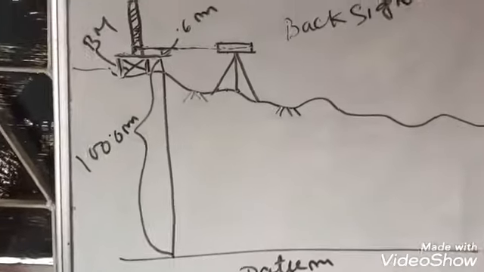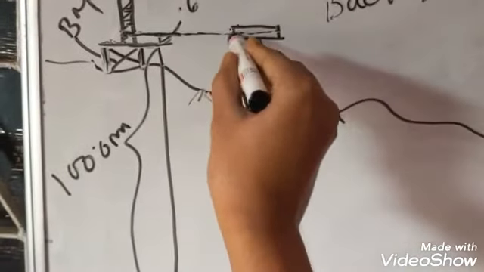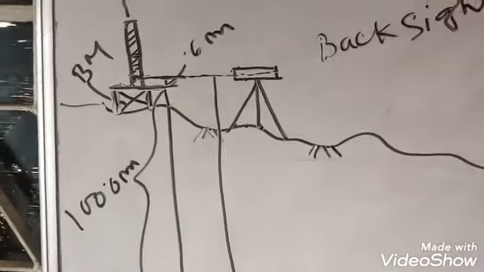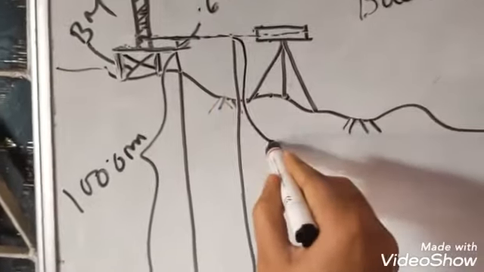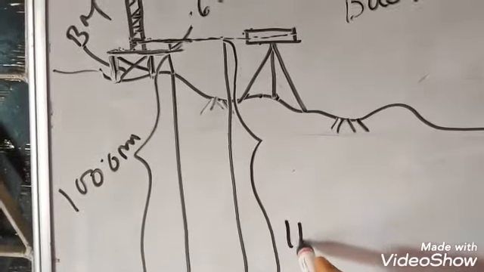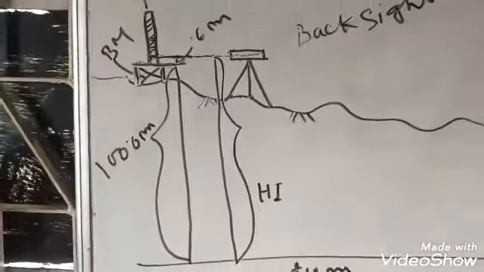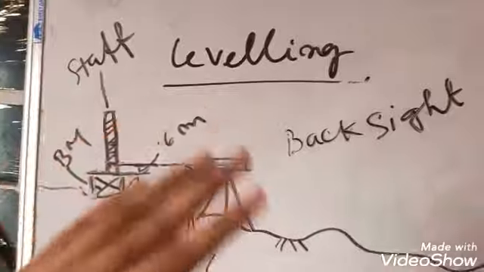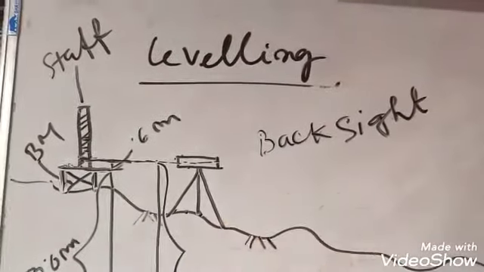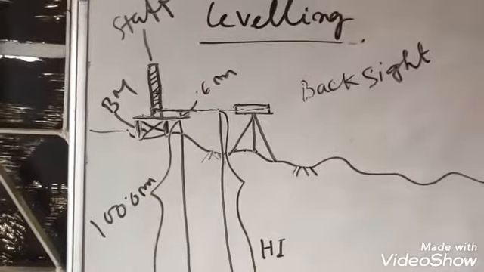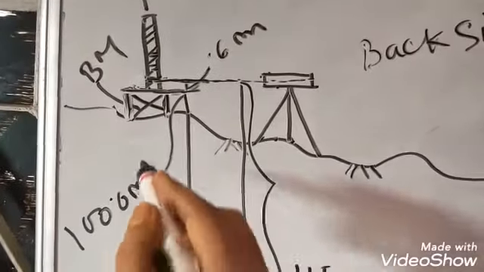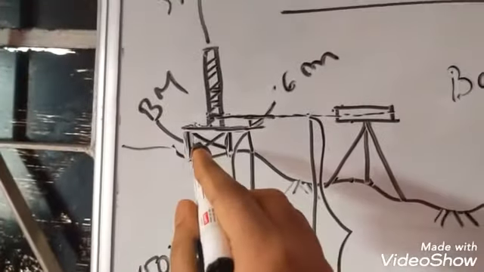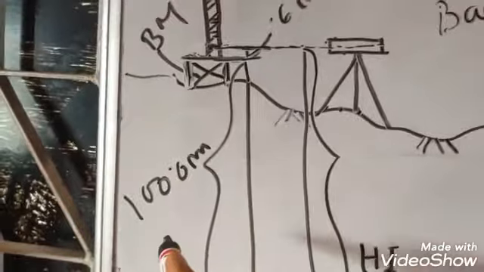It is nothing but the height of this line of collimation from the datum. This whole height is called height of instrument. So the very first reading taken on the benchmark by the staff and the telescope is called backside. Now we know the RL, the reduced level of this benchmark; it is given as 100.